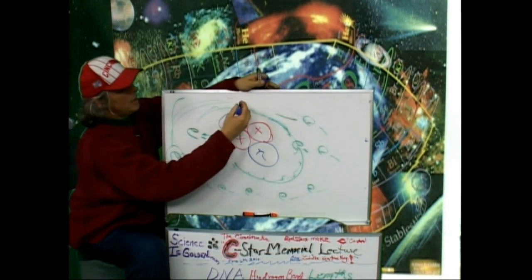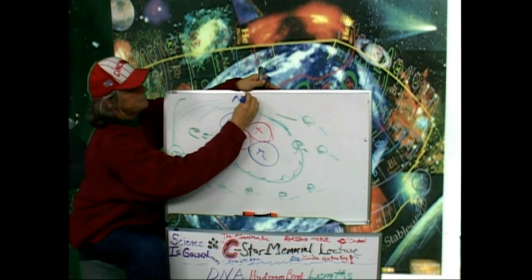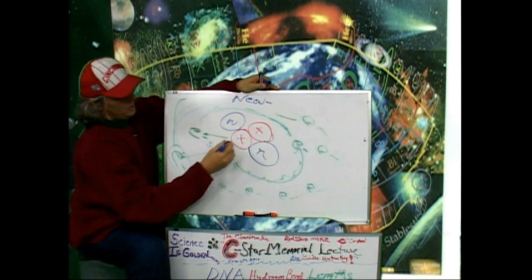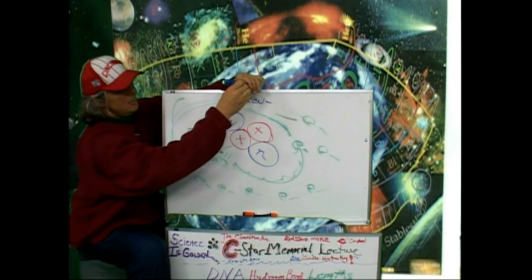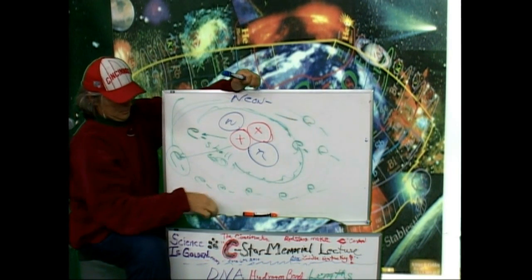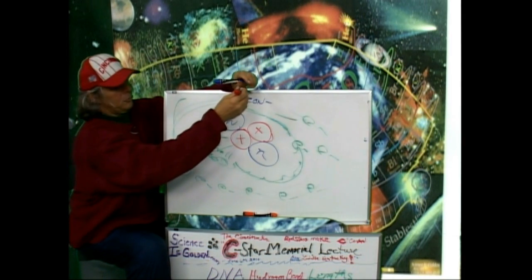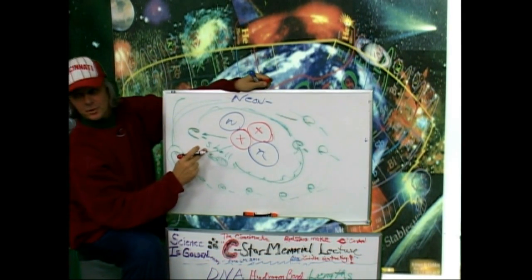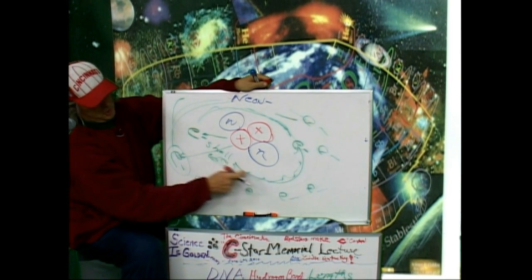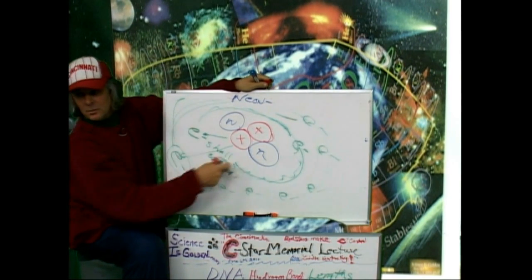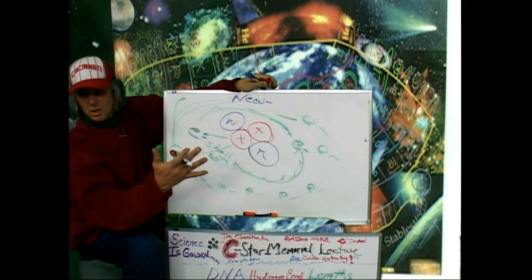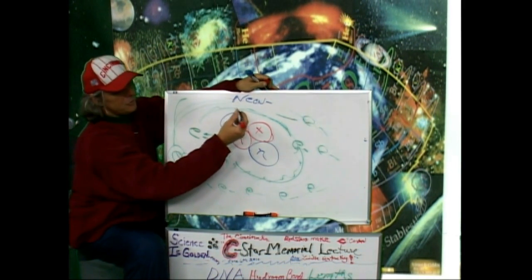So what we notice now is neon is going to have 10 protons. But when it comes to the electrons, we have to remember 2 of those electrons are on the inside shell, so it's only the 8. Once that shell's filled, it goes out to the next shell. So neon has a total of 10.